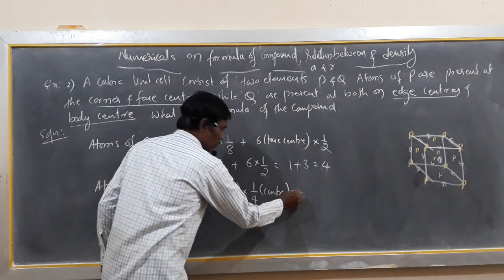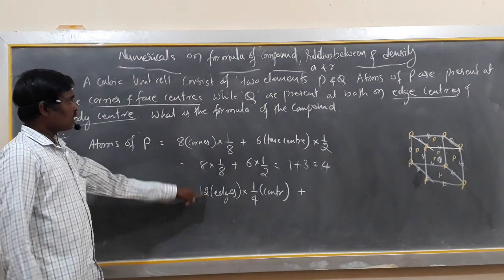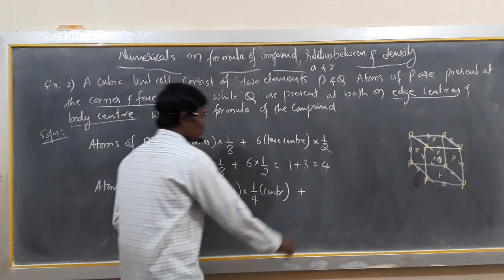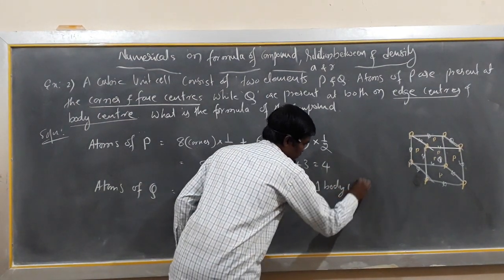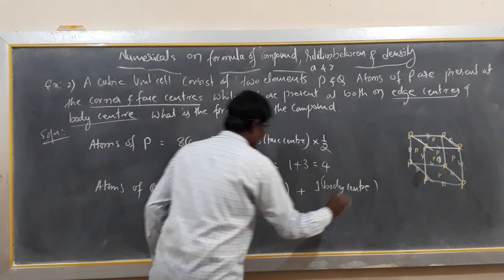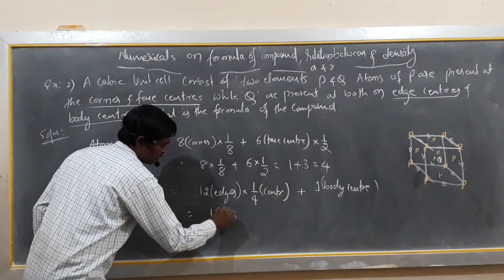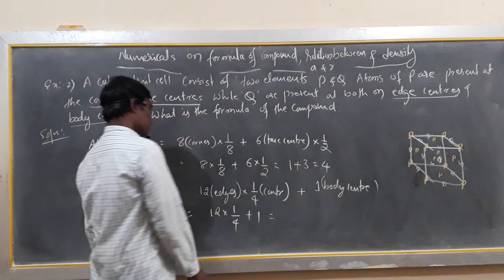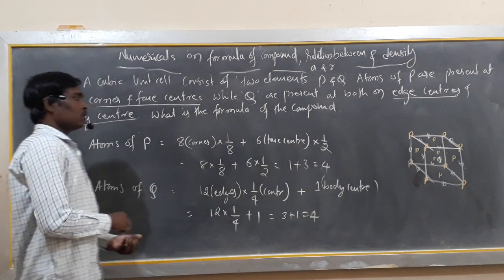And along with the edge-centered particles, Q is also present at the body center. So there is 1 body center. Now the total number of Q particles is 12 into 1 by 4 plus 1, that is 3 plus 1, which equals 4.